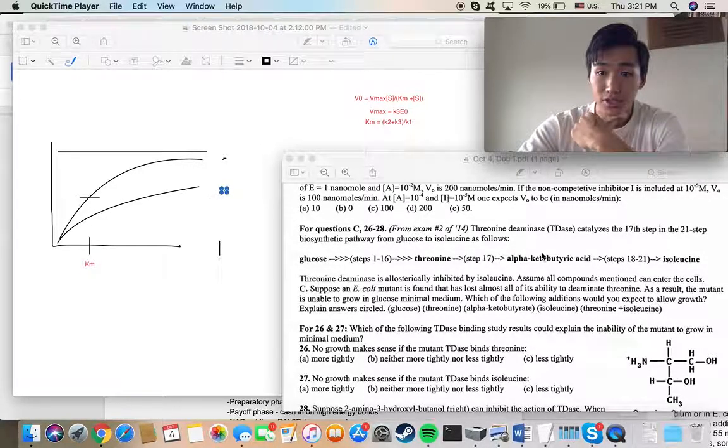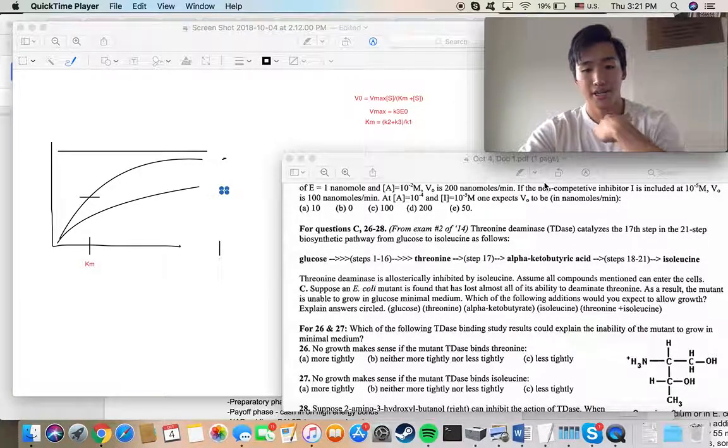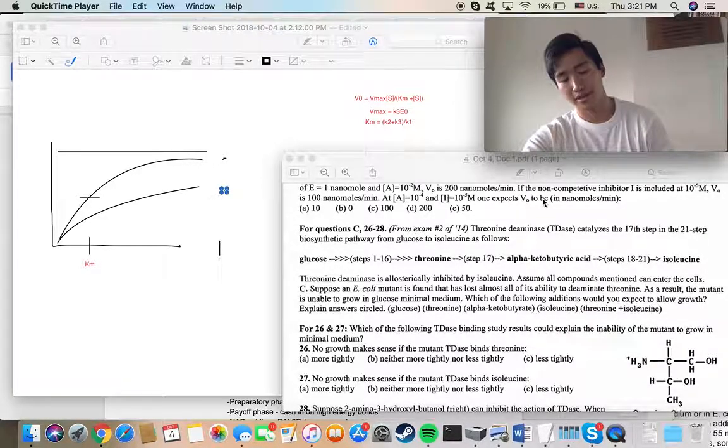One potential hangup with this question is, what if you needed alpha-ketobutyrate, or ketobutyric acid, as an intermediate from this to do something else, to go into a different pathway? Because there are, say, intermediates in glucose breakdown that are important for other biosynthetic pathways.